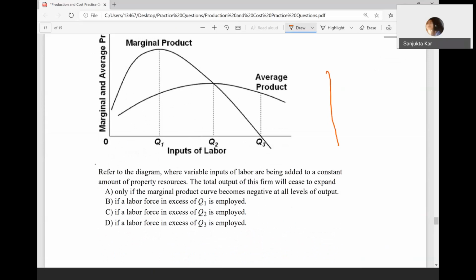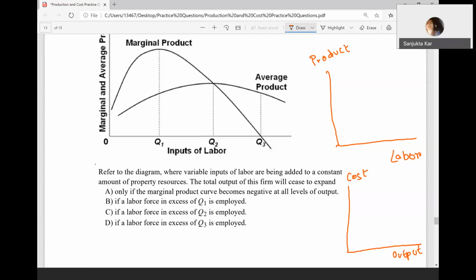When we are looking at productivity curves, we have labor on the horizontal axis and we have all those marginal product and average products on the vertical axis. But when we are looking at the cost curves, we have cost on the vertical axis and we have output on the horizontal axis.